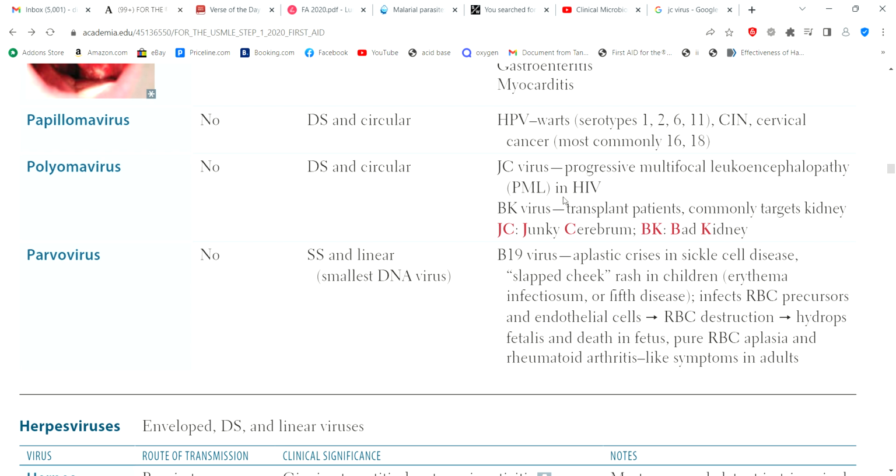And then they say, I think she's pregnant. There's some question like that, and then they describe rheumatoid arthritis, and then you know it's parvovirus, and they give you options like double-stranded, single-stranded. So you have to know single-stranded and linear.